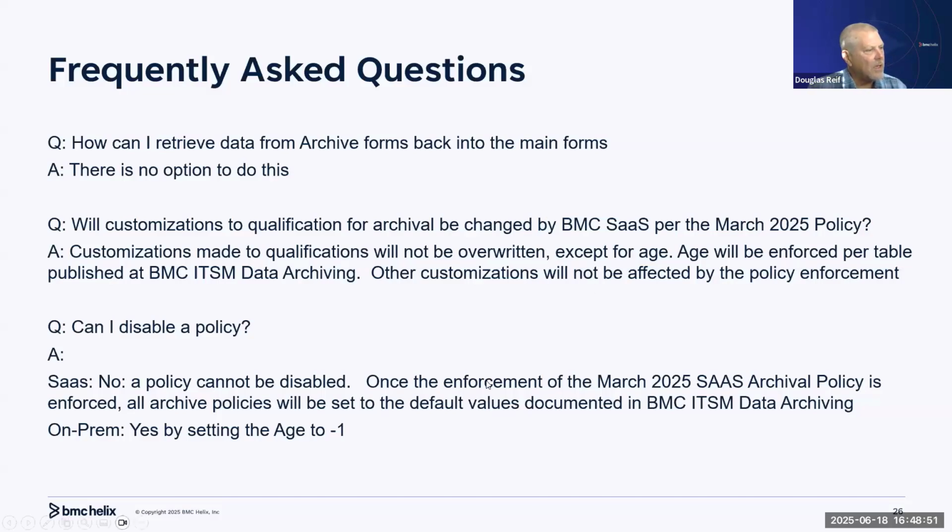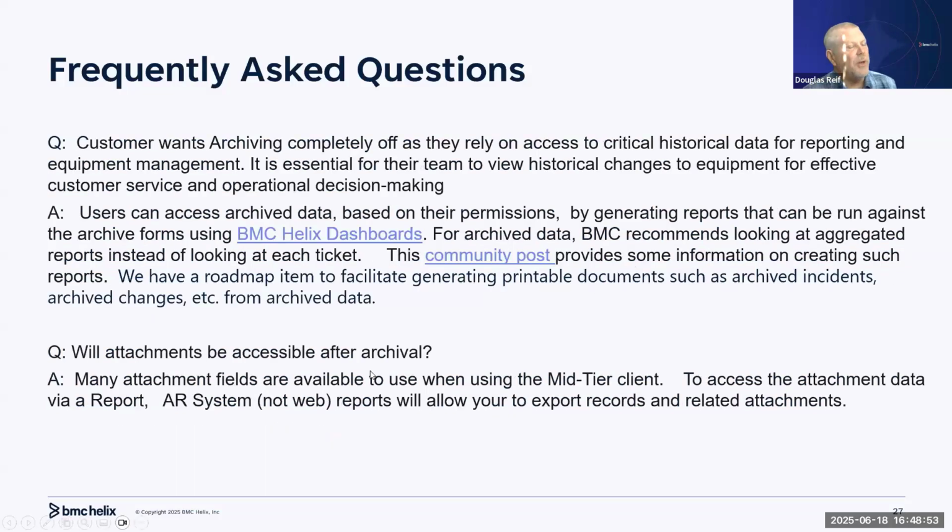There's another on the next page. All these frequently asked questions will be posted with the deck, so you can come back and look at some of these if you'd like. One of the questions, I think somebody asked it in the Q&A, is will attachments be accessible after archival? Well, you may have noticed in the dashboards that the dashboard reports don't give you attachments. How do you show an attachment in a report?